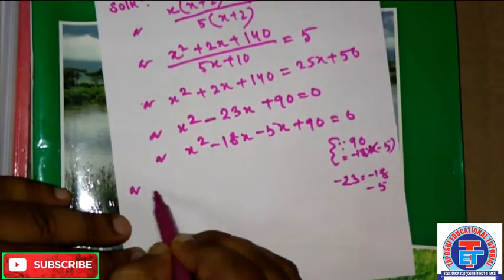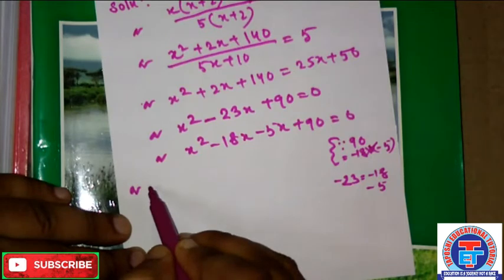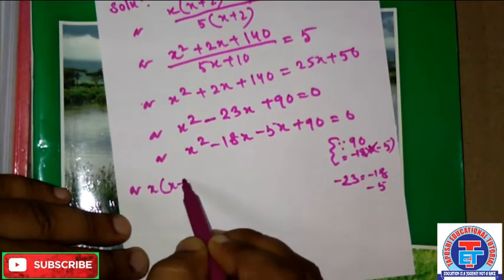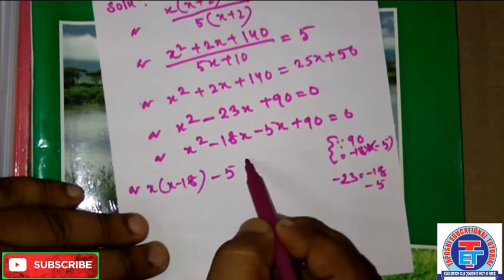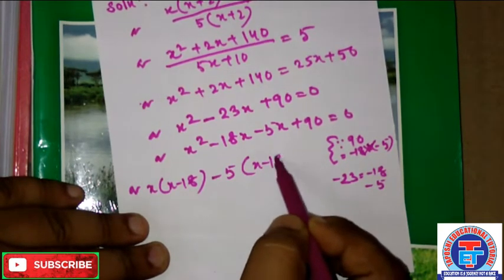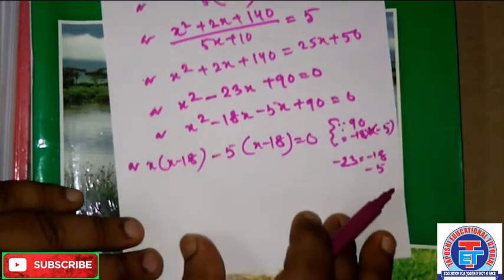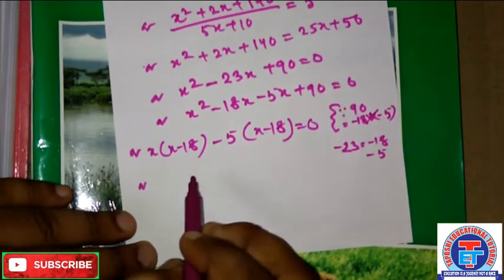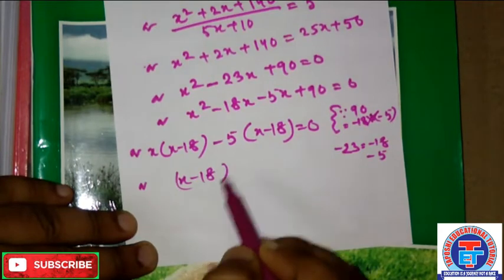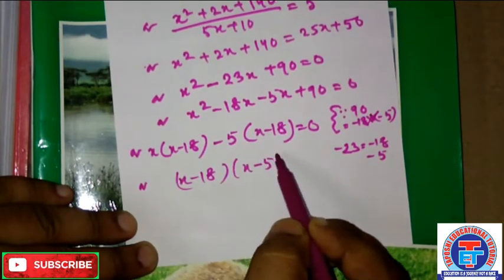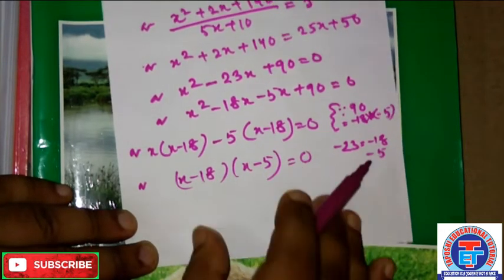So we can write this one, x into x minus 18 minus 5 into x minus 18 is equal to 0, right. Or we can write x minus 18 is common, and x minus 5, then it will be 0.